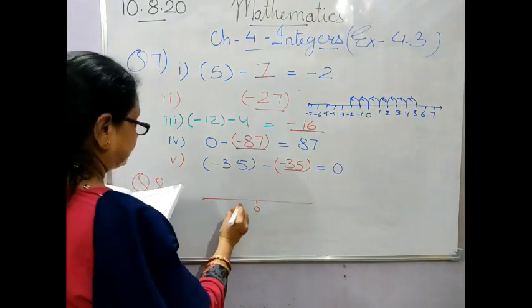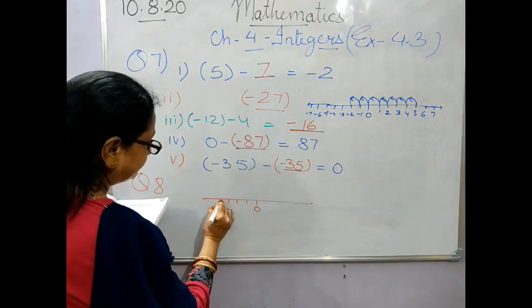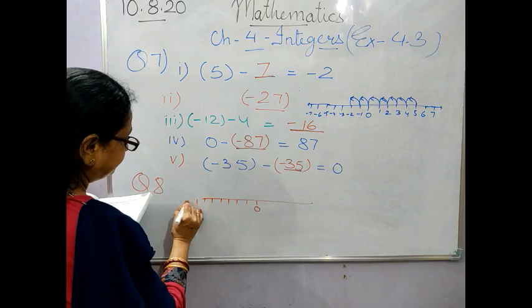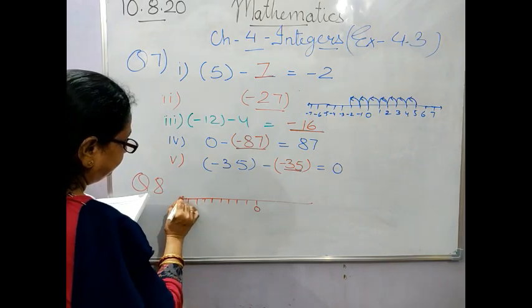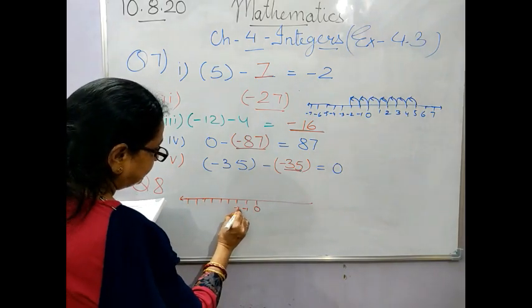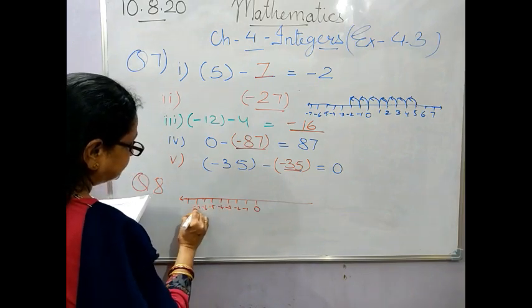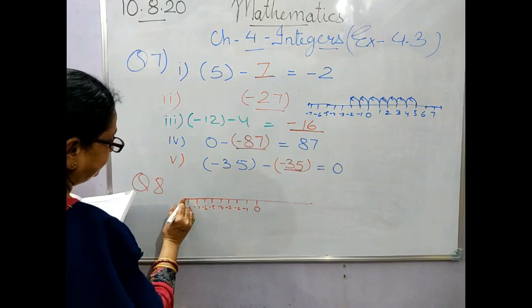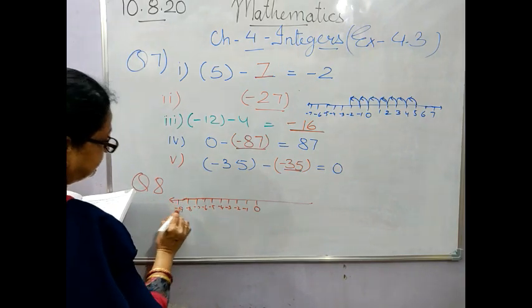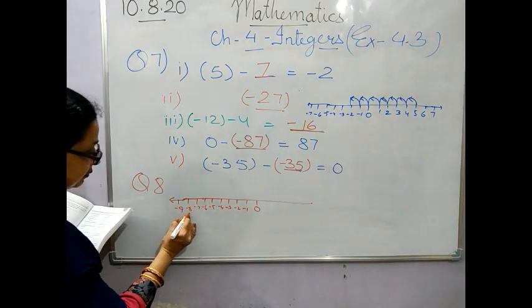0. See, 1, 2, 3, 4, 5, 6, 7, 8. Minus 1, minus 2, minus 3, minus 4, minus 5, minus 6, minus 7, minus 8, minus 9. Now they have given you this number, minus 8.